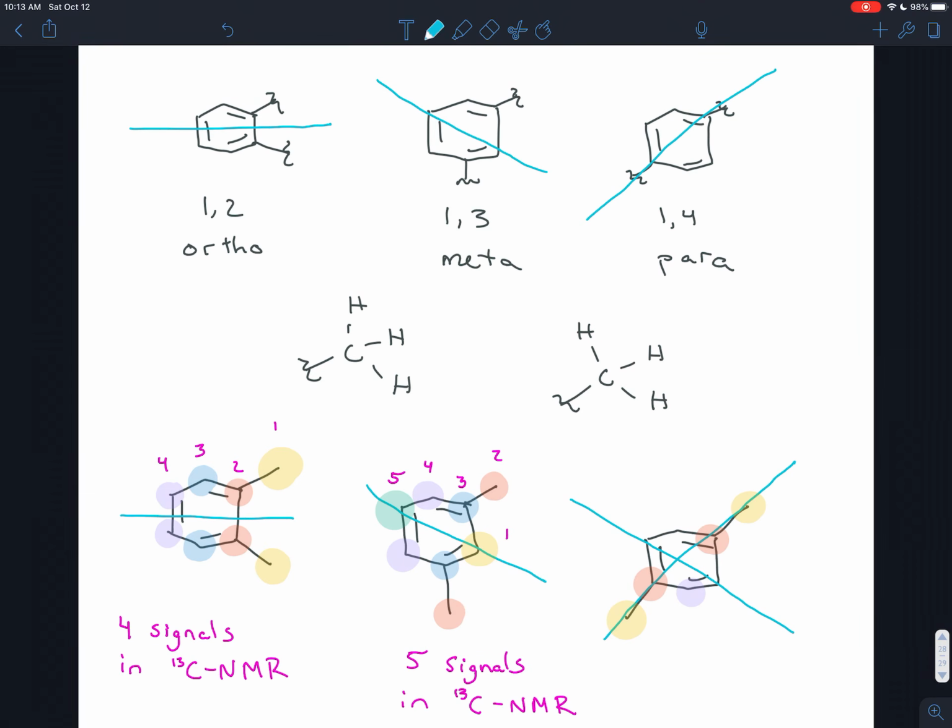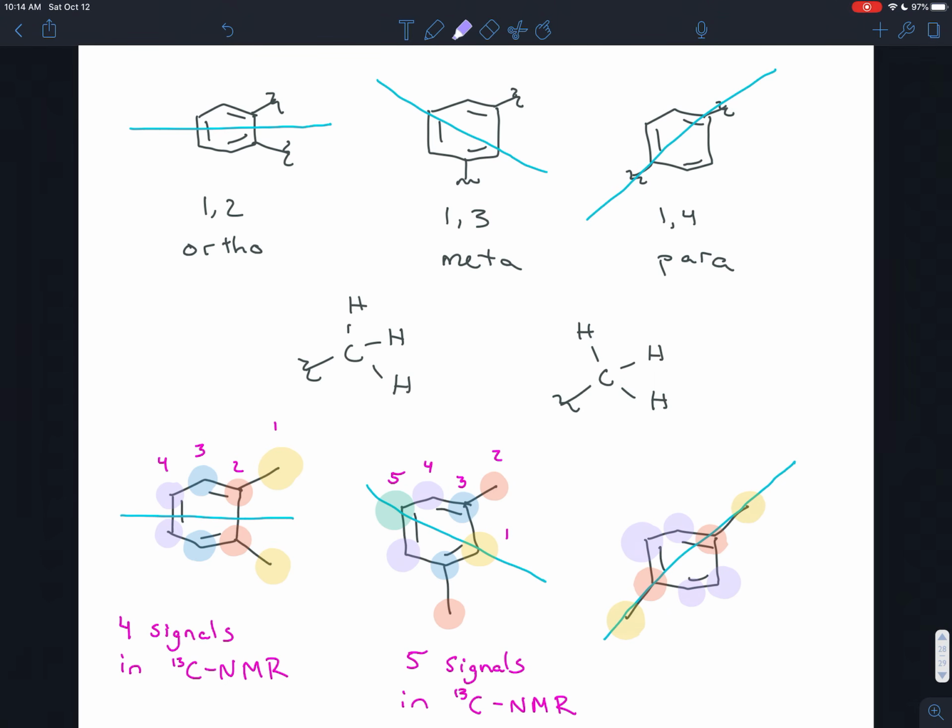Now notice, the carbon in purple is 1 carbon away from the carbon in the methyl group, just like the one across from it. And notice the one on the other side is also 1 carbon away from a carbon in a methyl group.